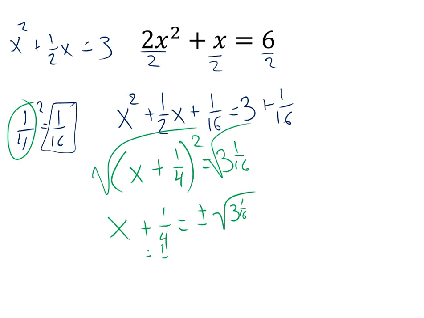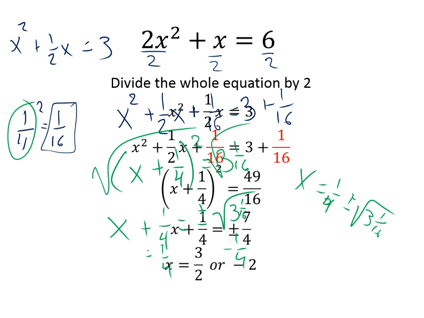Subtract 1/4, getting us x is equal to negative 1/4 plus or minus the square root of 3 and 1/16. And then from there you can try to simplify it to see what you get it down all the way to. And as you see, it actually simplifies down to something pretty nice.